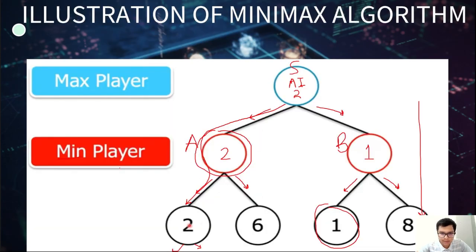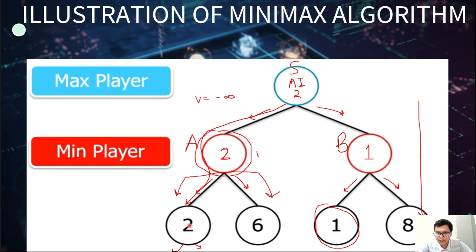Okay, now let me explain it again. So basically the min function chooses the minimum value that it could obtain from the tree below this node, and it sets the value of this node as that minimum value. Now we had an initial variable v equals minus infinity, and we check if the value which we get right now is more than v.